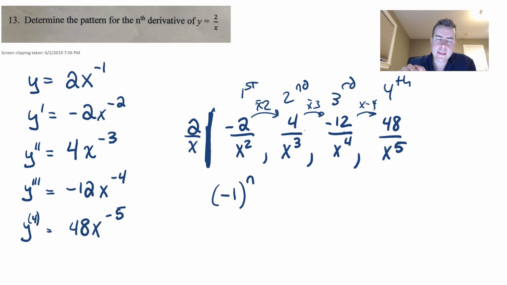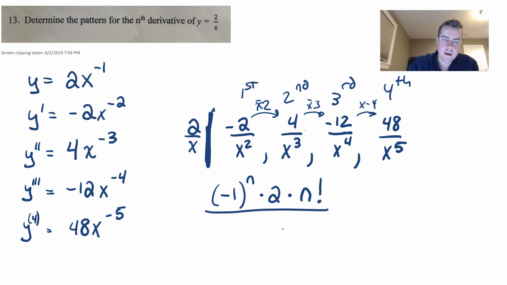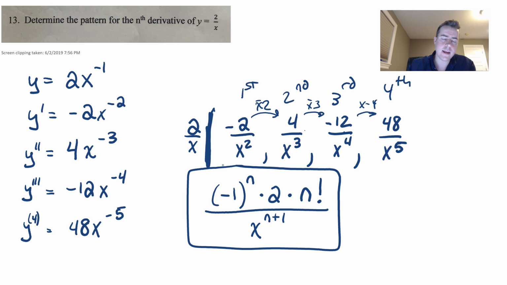So that means this is going to involve factorials. We know it starts out with a 2, so it should be 2 times n factorial over x to the n plus 1. And there we go. That would be our pattern here.